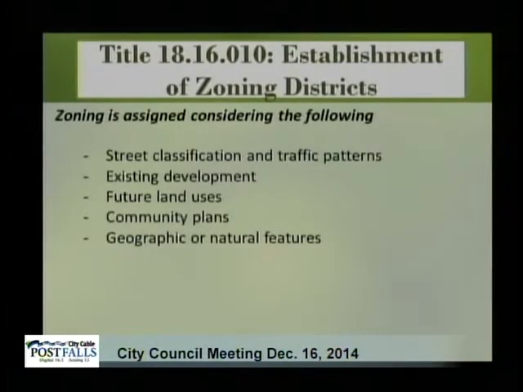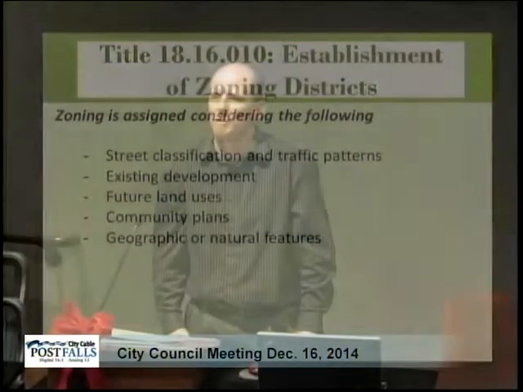Also, we looked at Title 18 16.10 and the establishment of zoning districts, and we broke it out. These next 4 slides break out the code and discuss this element within Title 18. And that zoning is assigned considering the following: street classification, traffic patterns, the existing development, future land uses, the community plans, the geography and natural features.